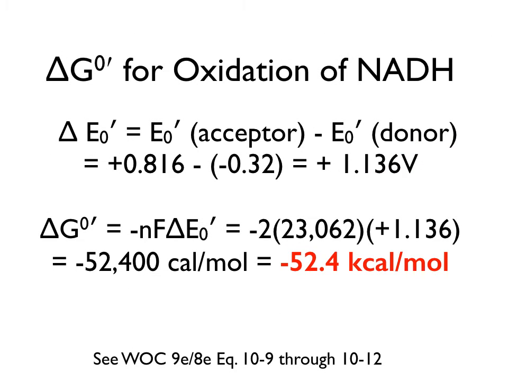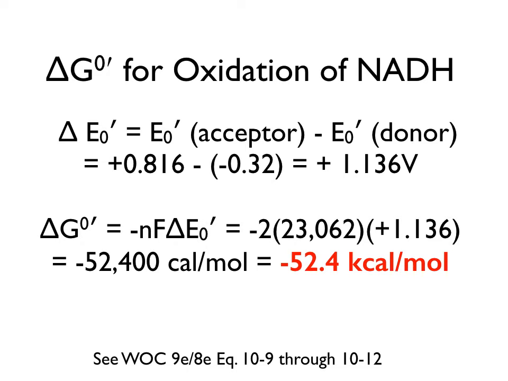We also said that for NADH in particular, these redox reactions are a very good energy source, because if we can harness these electron transfers, we can liberate substantial free energy. In the case of NADH in particular, under standard conditions, that's minus 52.4 kilocalories per mole.